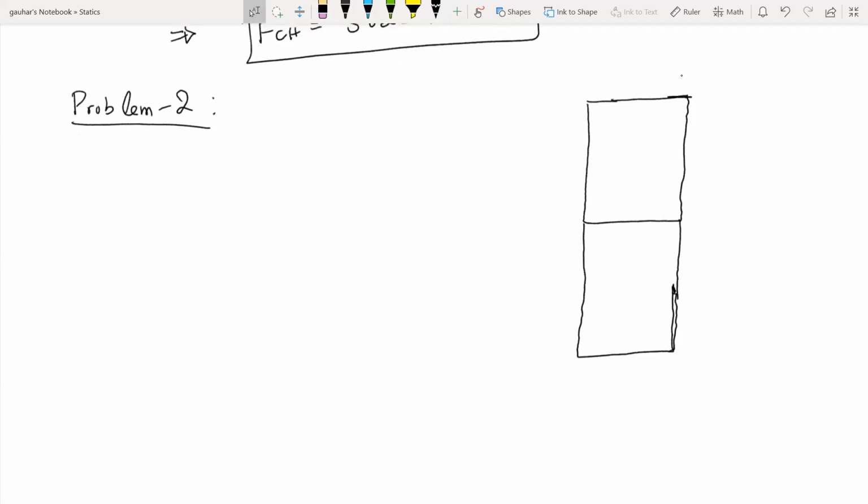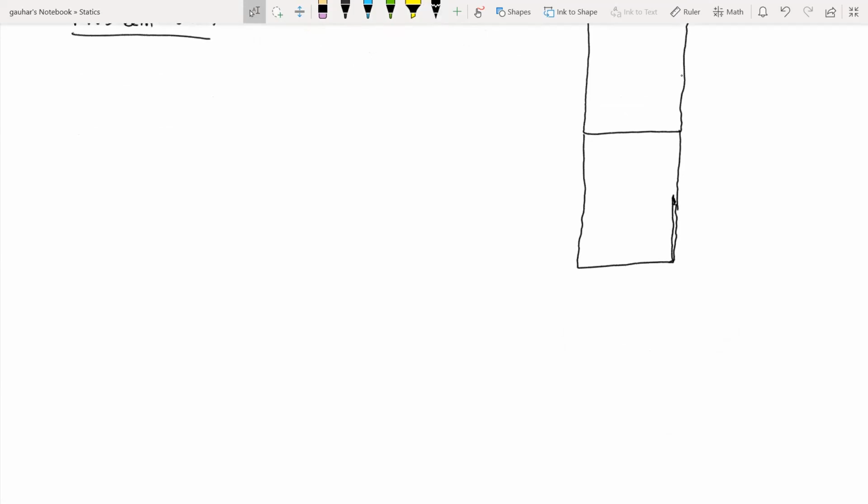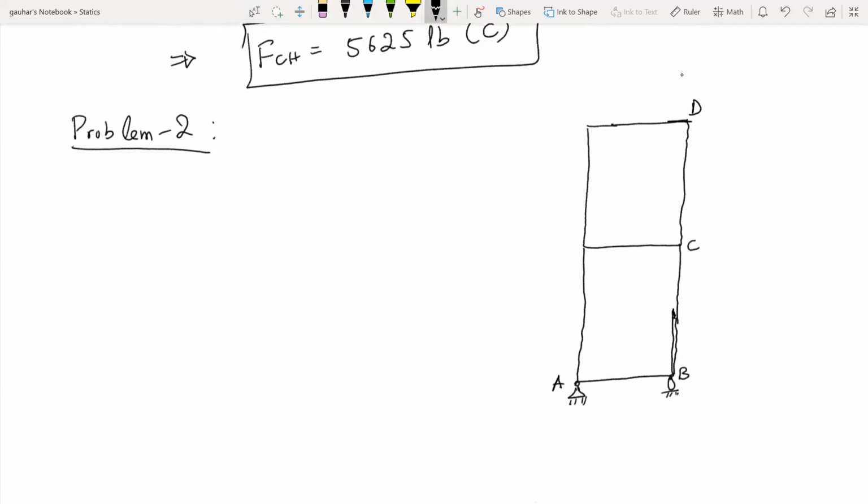Okay, something like this. We have a roller support here. We have a pin support at point A. This is point B. This is C. This is D. This is E. This is F. Okay, so these are joints.